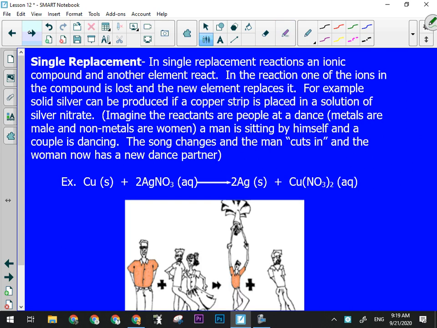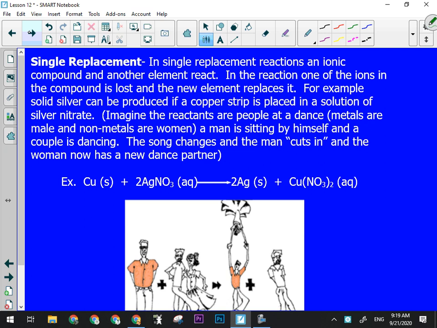The last 2 reaction types are replacement reactions: single replacement and double replacement. In both types of replacement reactions, we only have ionic compounds. Molecular compounds will never take part in replacement reactions.